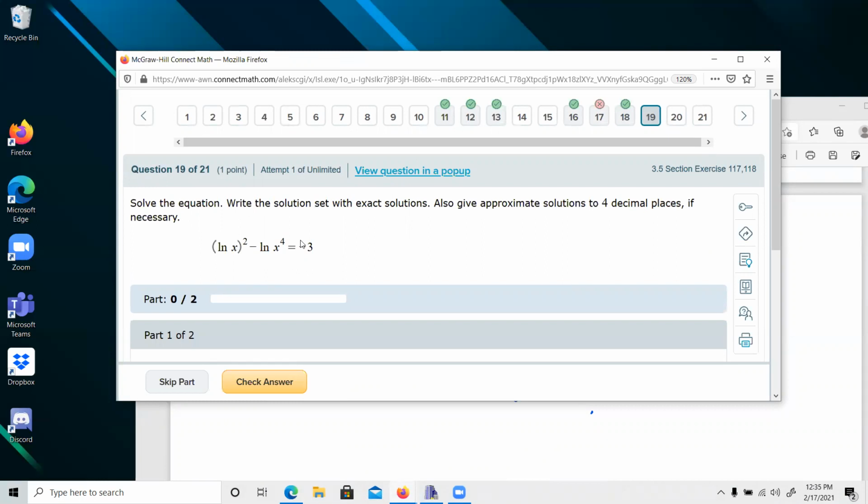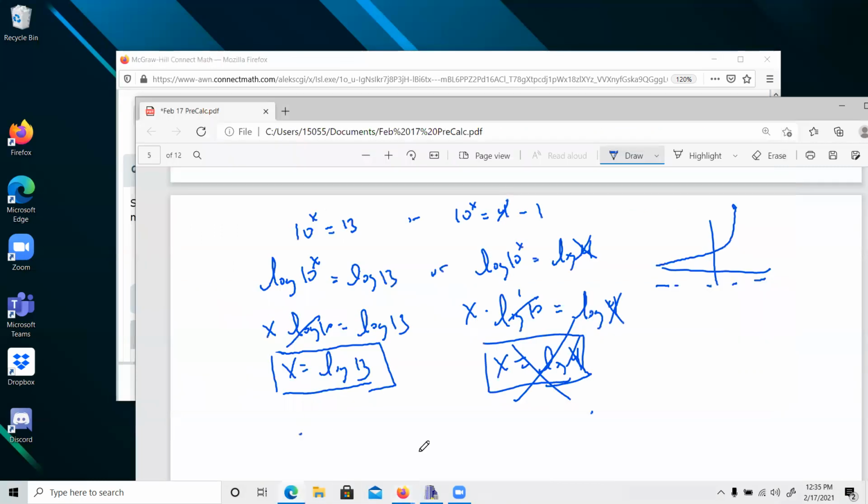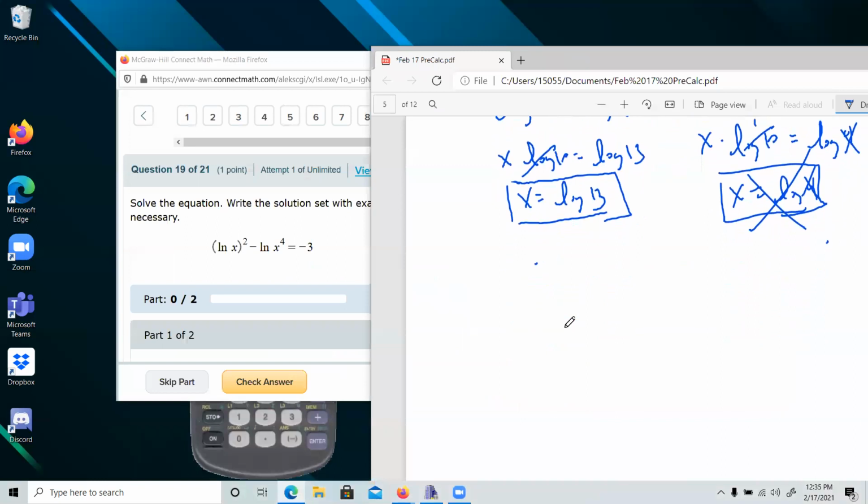Oh, what a great question. I think I've asked this one before too. You have (ln x) squared minus ln of x to the 4th equals -3. Okay.